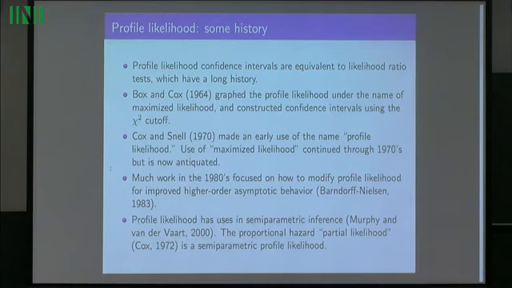In terms of the actual use of profile likelihood, the first case I know is Box and Cox's 1964 paper, where they did the chi-squared cutoff that we now think of as associated with profile likelihood. They call it maximized likelihood. In 1970, Cox and Snell called it profile likelihood. Back through the 70s, people were still calling it maximized likelihood. Then actually, Cox did the same thing again and called it partial likelihood. So he introduced 3 different names for this thing.